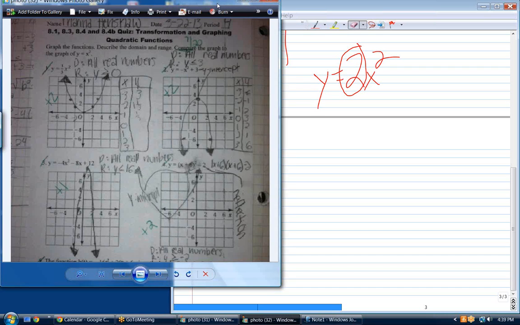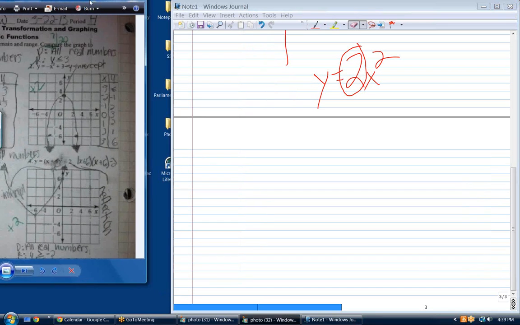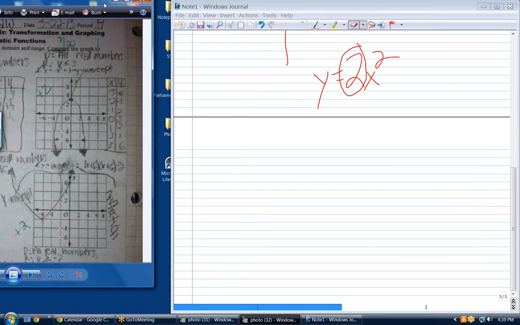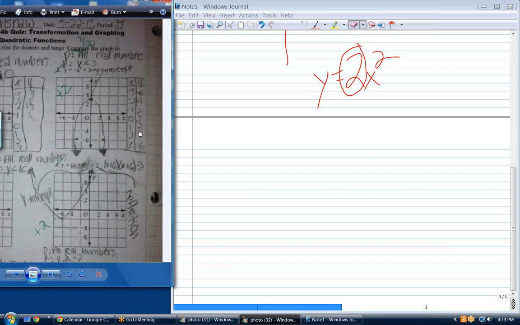Still there? Can you hear me? I can now, yeah. Okay, let's look at number 2. Here, the equation is y equal minus x squared plus 3. Okay, which you've drawn a table of. You've plotted it properly.